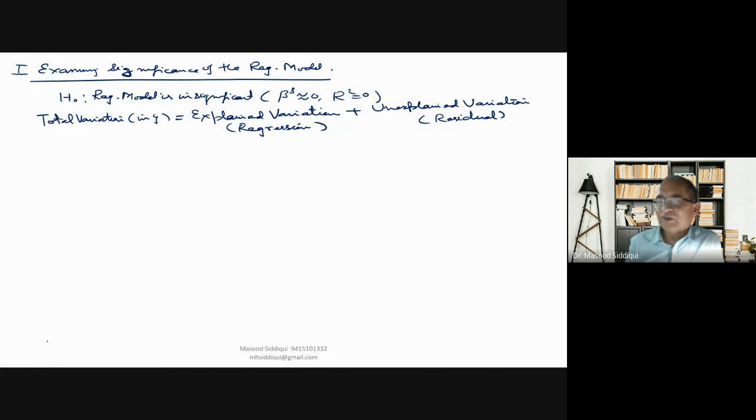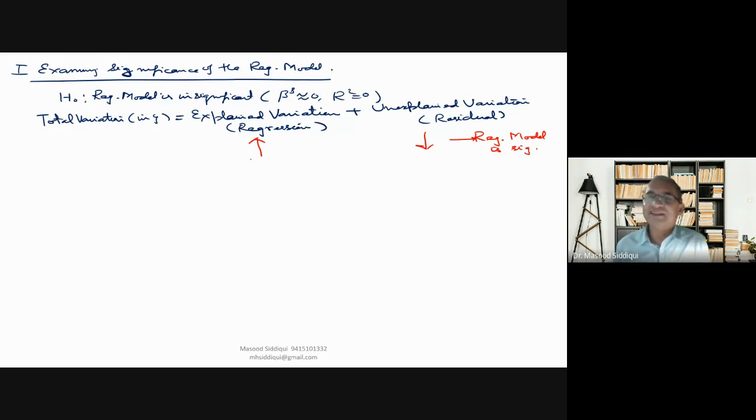Now, suppose explained variation is high. Explained variation is high means most of the variation is because of the regression model. If this is the situation, then we can say that our regression model is significant.